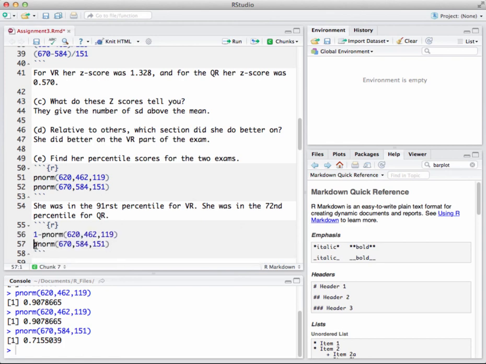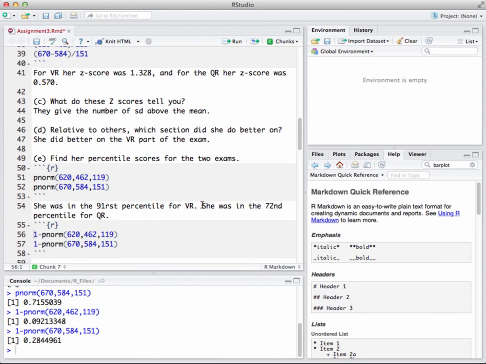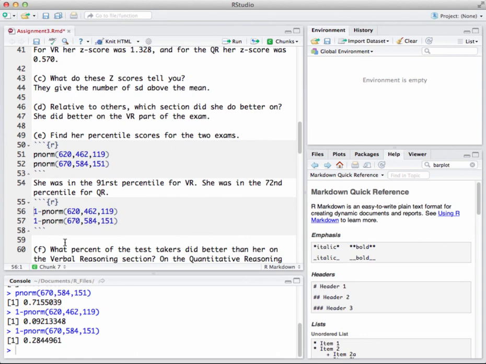By doing so, I'm going to get the amounts that were left over, in other words, the parts that were in those areas. And we see that that's about 9% roughly, because what did we say? She was in the 91st percentile. And about 28%, because we said she was in the 72nd percentile. You obviously could have done those in your head, but it's kind of nice to see that it actually makes sense in R also.